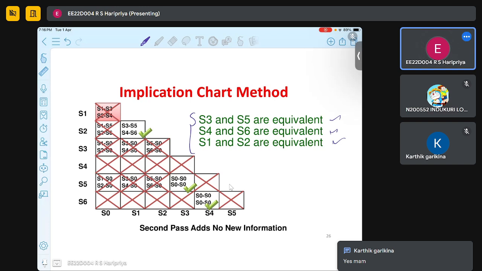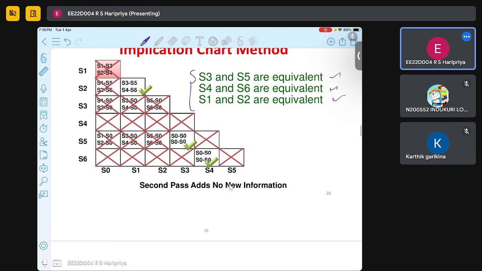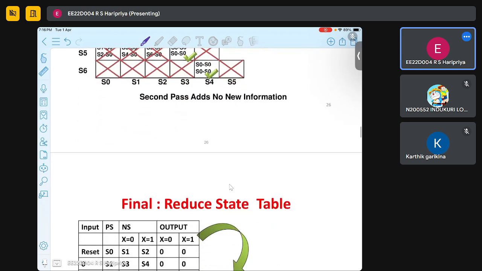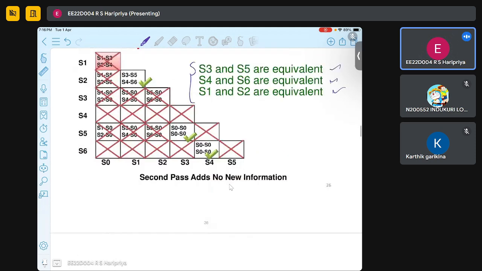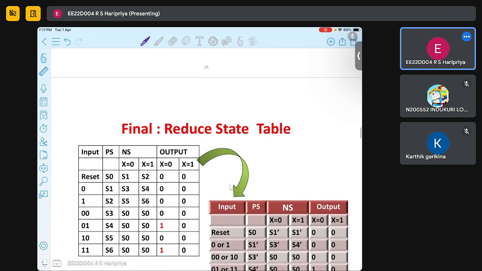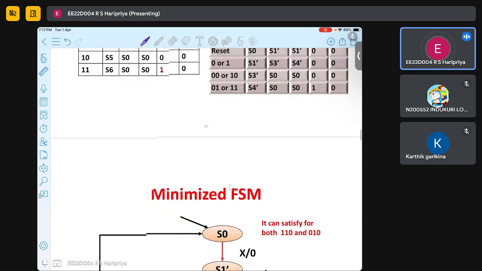Okay, so next. This is the reduced state table.